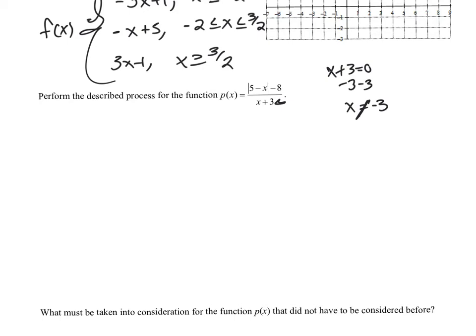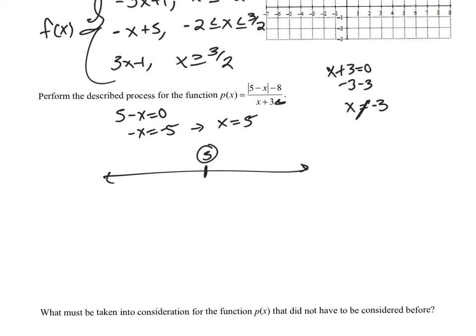And then we just take whatever's inside the absolute value sign, say equal to 0, and solve. So we have negative x is equal to negative 5. Divide both sides by negative 1, and x is 5, okay? So here is our number line. We found x to be 5. To the left of 5, we'll say x is 4.